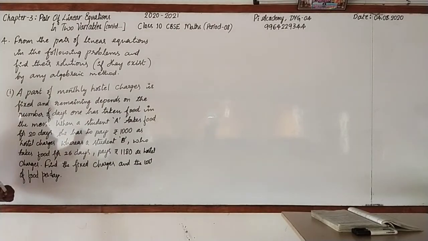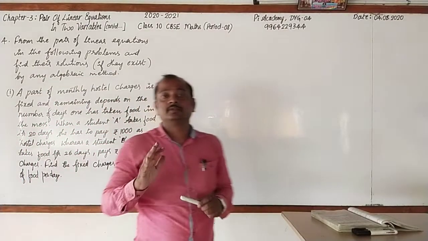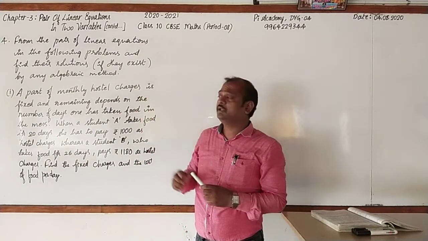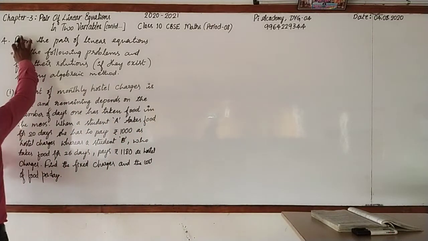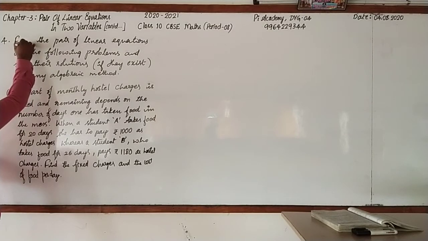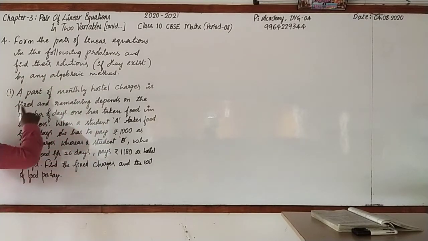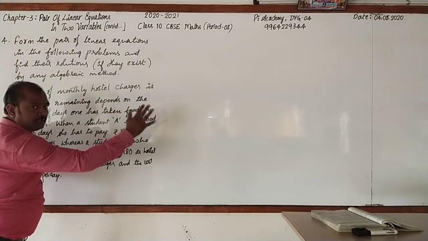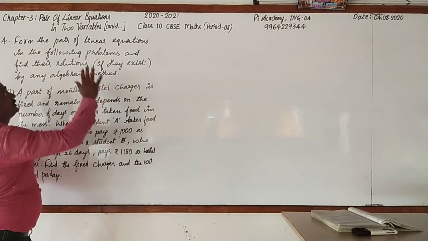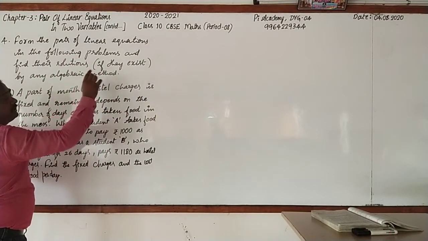They have given pair of linear equations, we have to form the pair of linear equations. Form the pair of linear equations in the following problems. Then find their solution. Statement has been given, it should be converted into equations. Then find their solution if they exist.